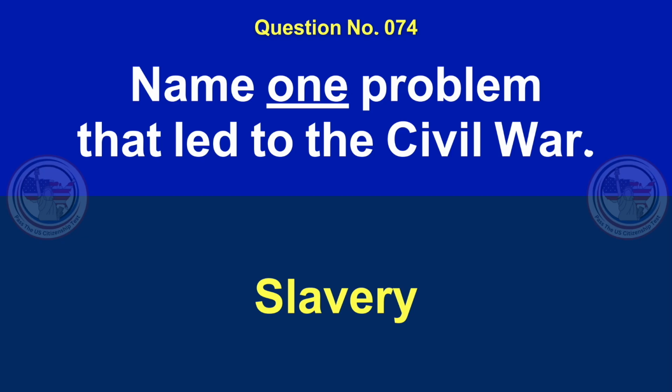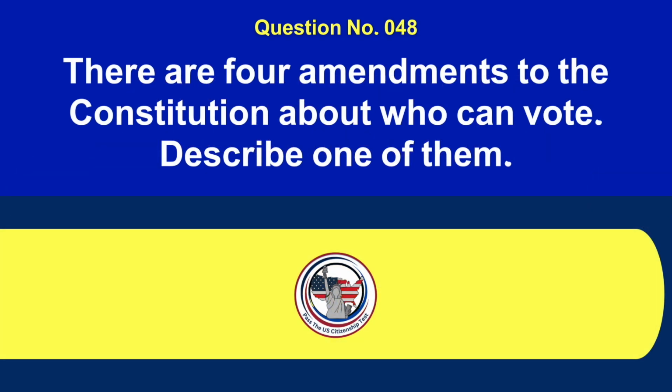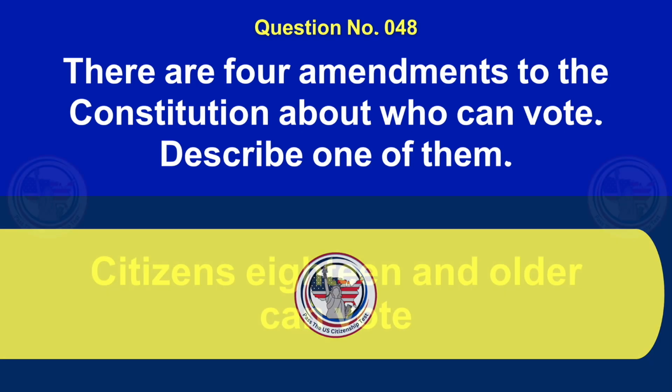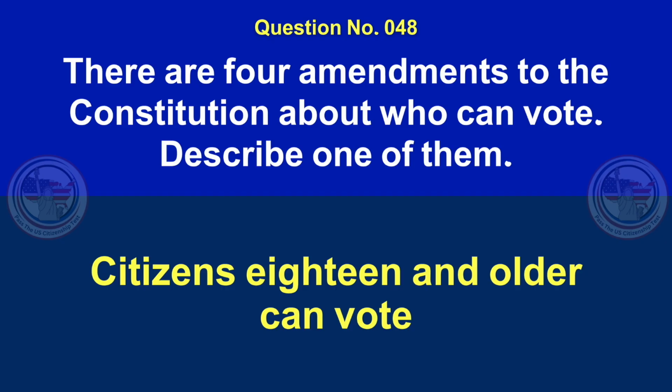Slavery. There are 4 amendments to the Constitution about who can vote. Describe one of them. Citizens 18 and older can vote.